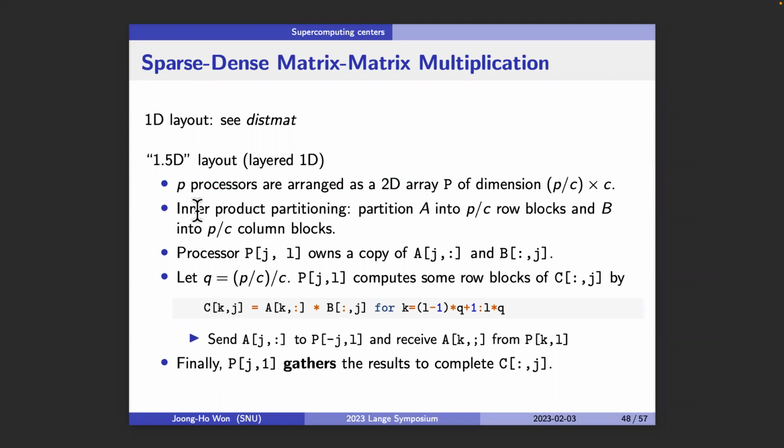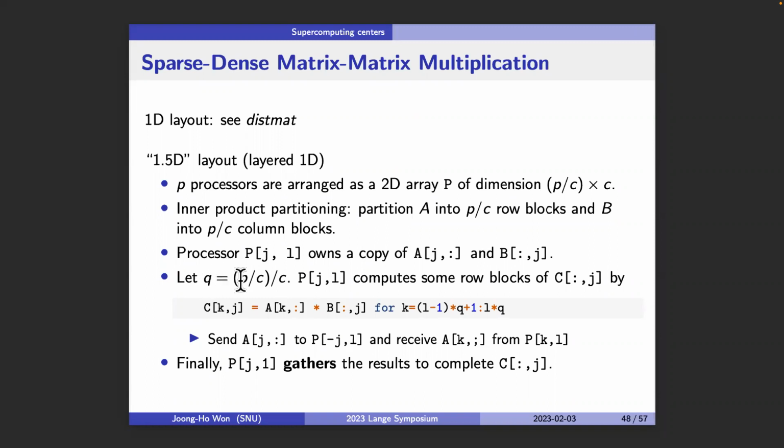And we specifically use inner product partitioning, meaning that we partition the A matrix by rows and the B matrix by columns, but now the number of blocks is P over C. Then the processor in the array indexed by J and L, for layer, owns a copy of the jth row block of A and the jth column block of B.